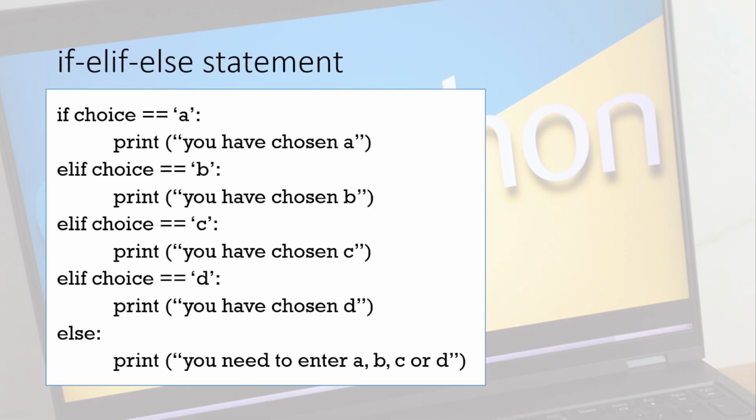Well, it's not A or B or C or D. So then we could say, oh, wait a second, you need to enter A, B, C or D. So here we have an if, elif, elif, elif, else. So it might seem a little bit confusing at the start, but remember, if at the beginning, we can use if else for true and false. But if we want to check more things, we can put these elifs in between.